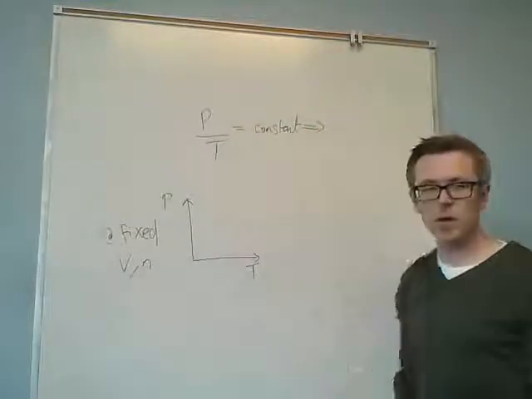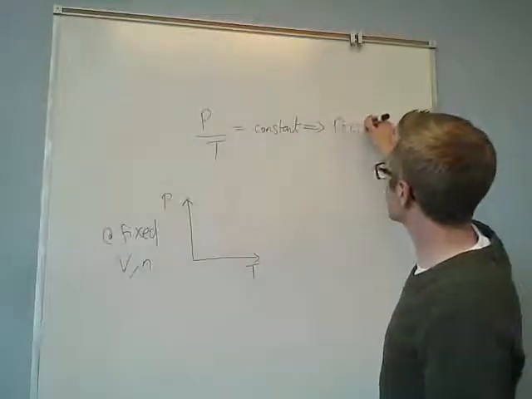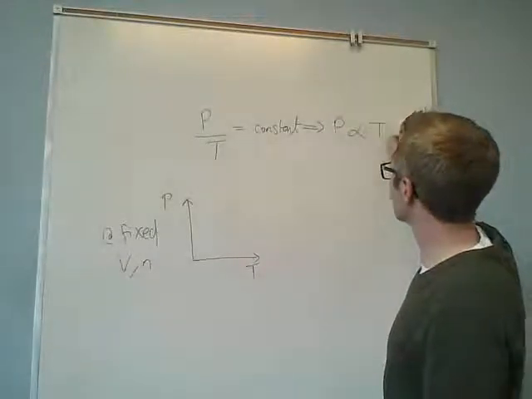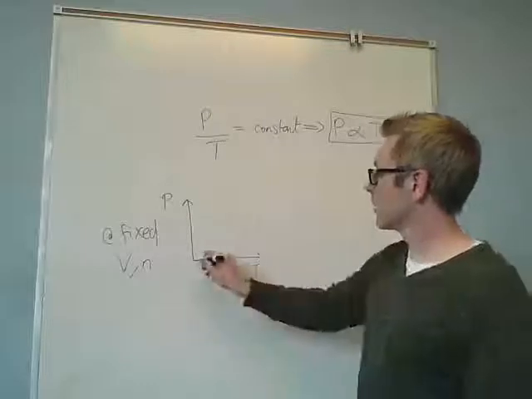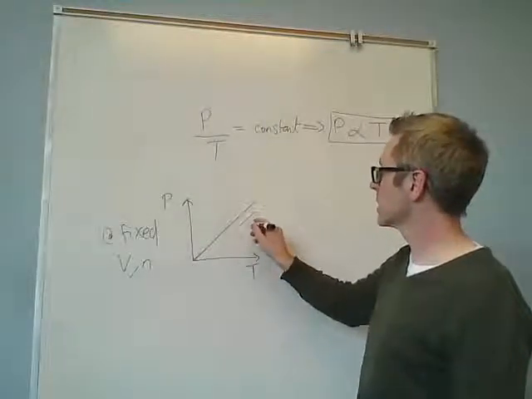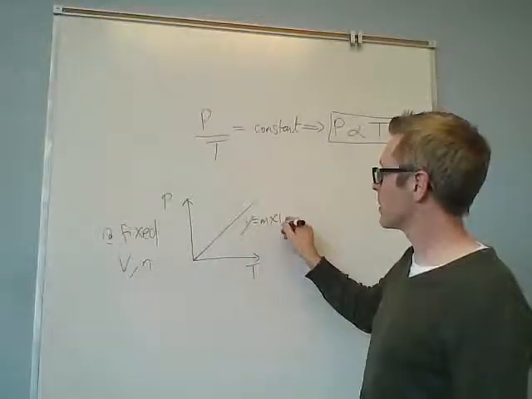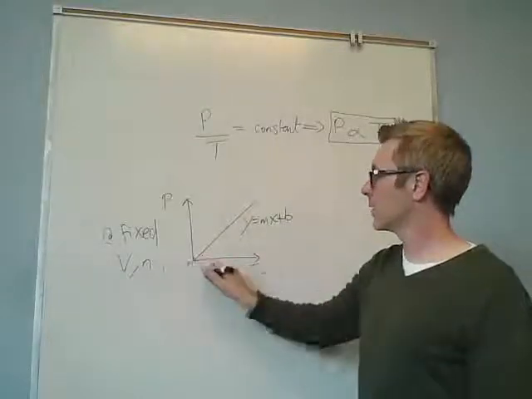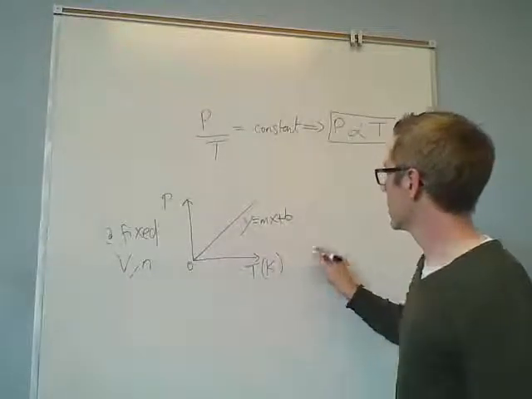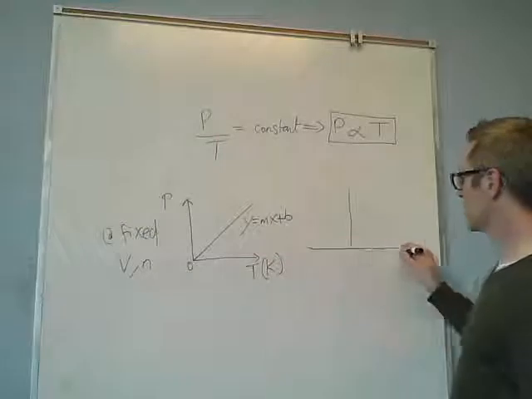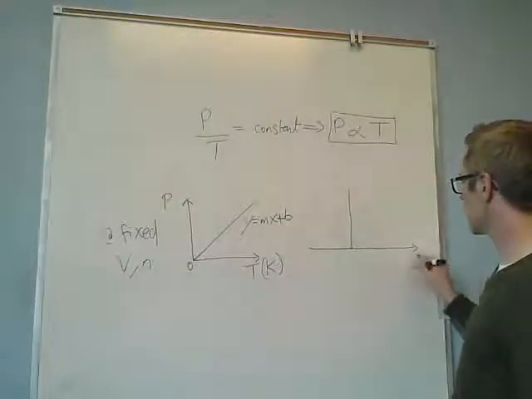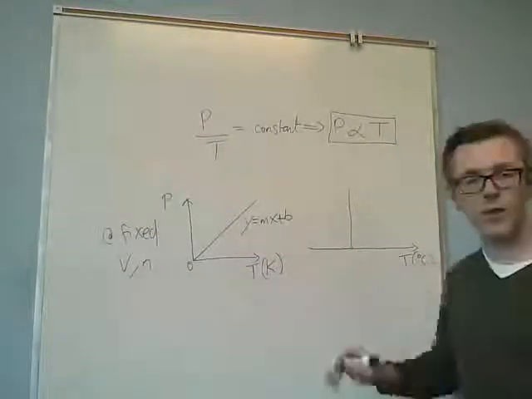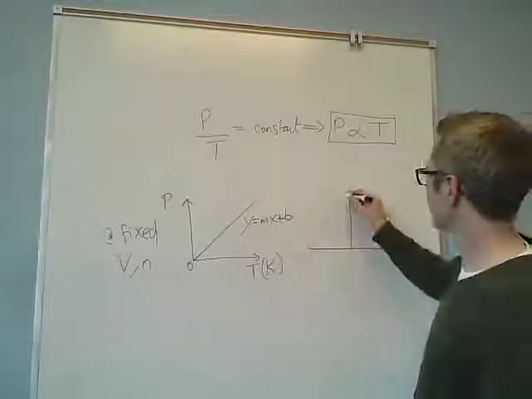In analogy to Charles's law, we know that pressure must be proportional to temperature. That's going to give us a straight line. Y is mx plus b, if we're looking at Kelvin. Likewise, although the calculations must be in Kelvin, we can plot the graph in whatever units we choose.